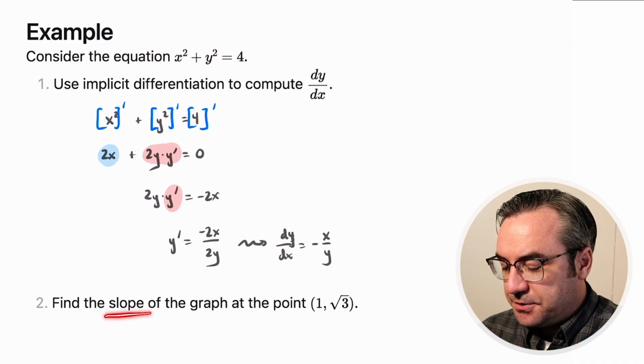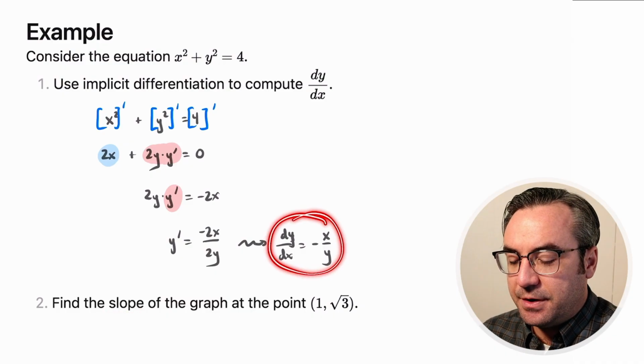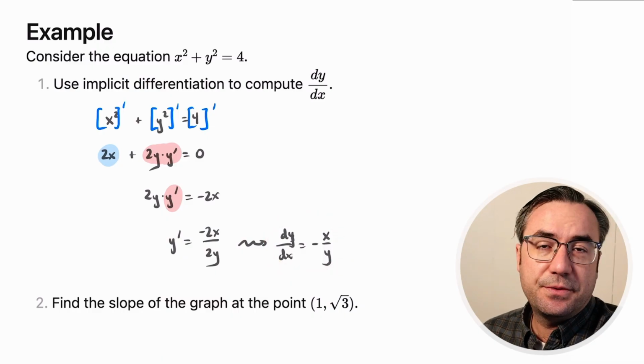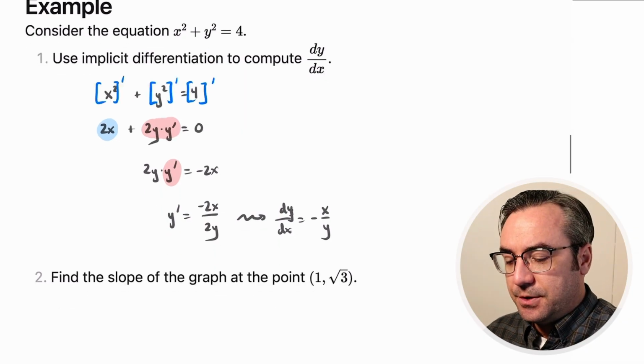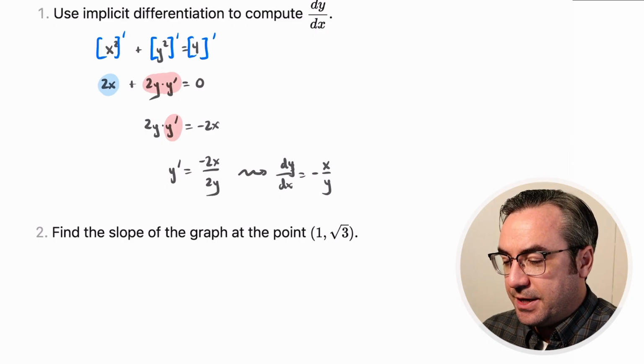And while we're at it, let's do the second part. Now that we have our derivative, we can play all of our usual games with the derivative. One of the things we've looked at is finding the slope of the tangent line, or the slope of the graph. So how do we get the slope of our tangent line?